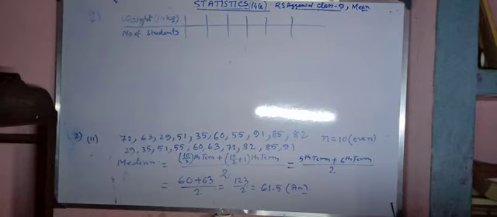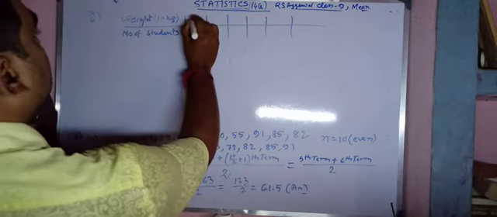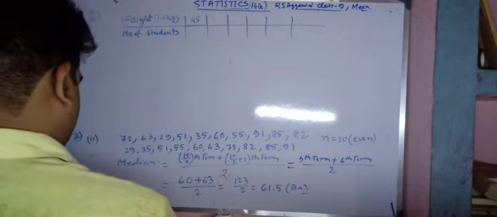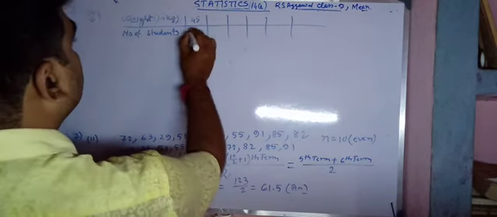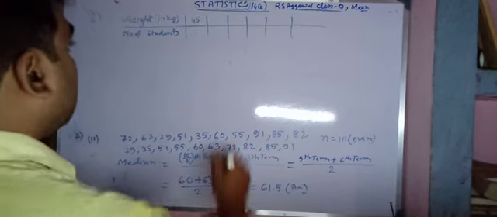Now weight is equal to 45, number of students is 8. Weight 46.